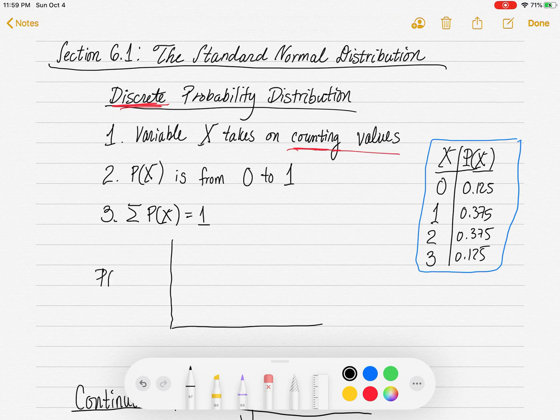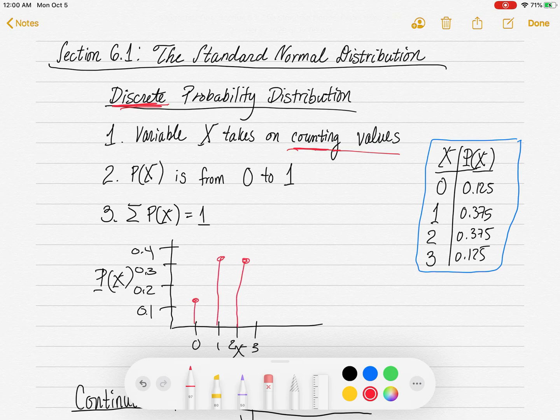So I mean, you can make it into a table. You can always make a discrete probability distribution into a table, or you can make it into a nice little graph. You put the P of x's on the vertical axis and the x's on the horizontal axis, going from 0, 1, 2, 3. Here we go, 0.1, 0.2, 0.3, 0.4, let's say, and just plot these discretely, right?